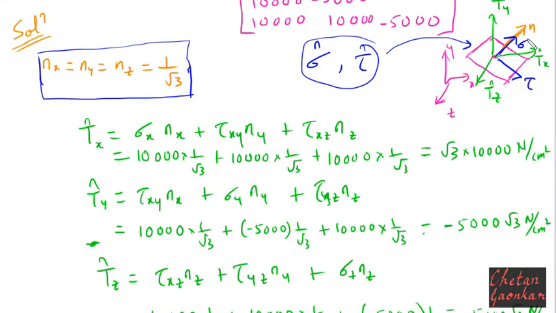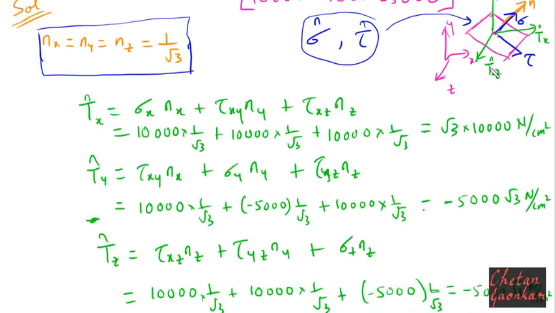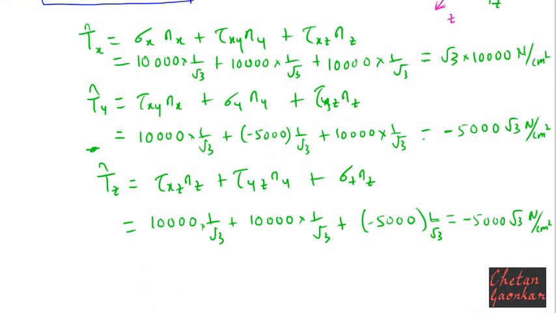Now we know that in order to find this normal stress sigma, we can make use of our equation. That is, we had said that sigma is nothing but the projection of this stress vector Tx along n.